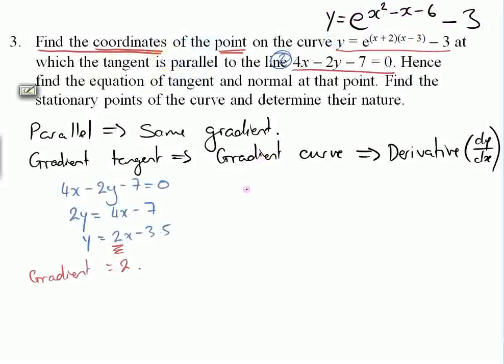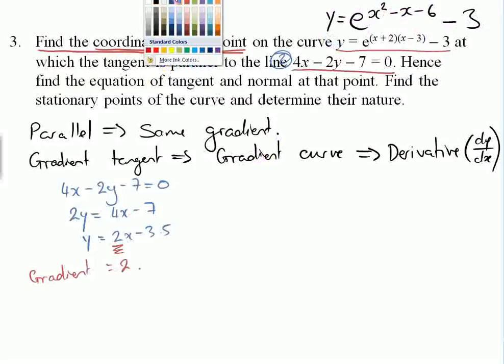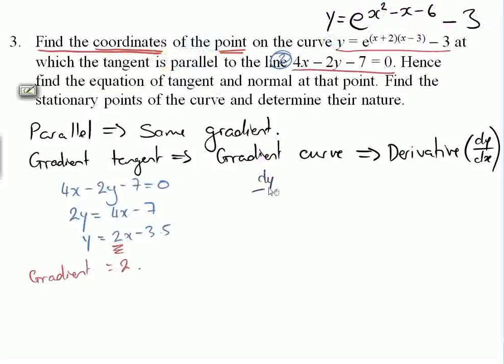So this one I can differentiate. dy by dx is equal to what? I differentiate the whole thing with respect to the stuff up the top, so I get e to the x squared minus x minus 6, and to that I've got to multiply the derivative with respect to x of this stuff. So that's 2x minus 1, and then the minus 3, because it's constant, becomes minus 0 and disappears.